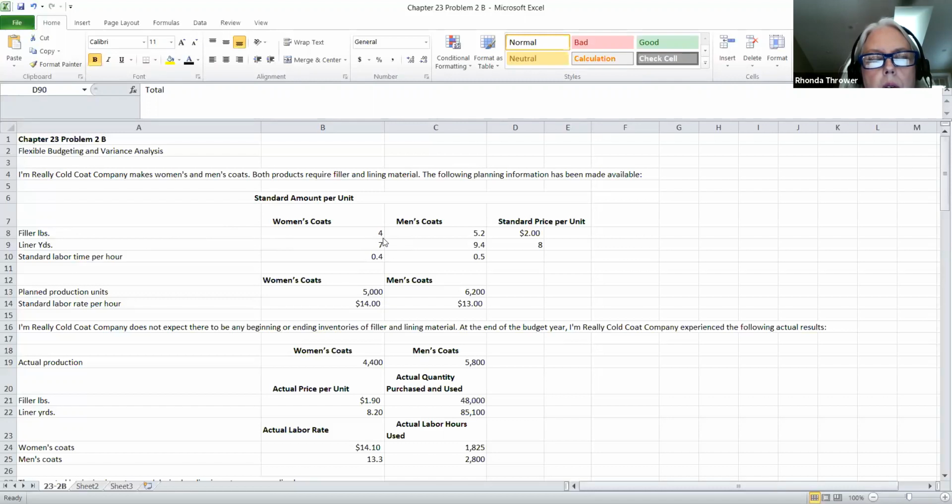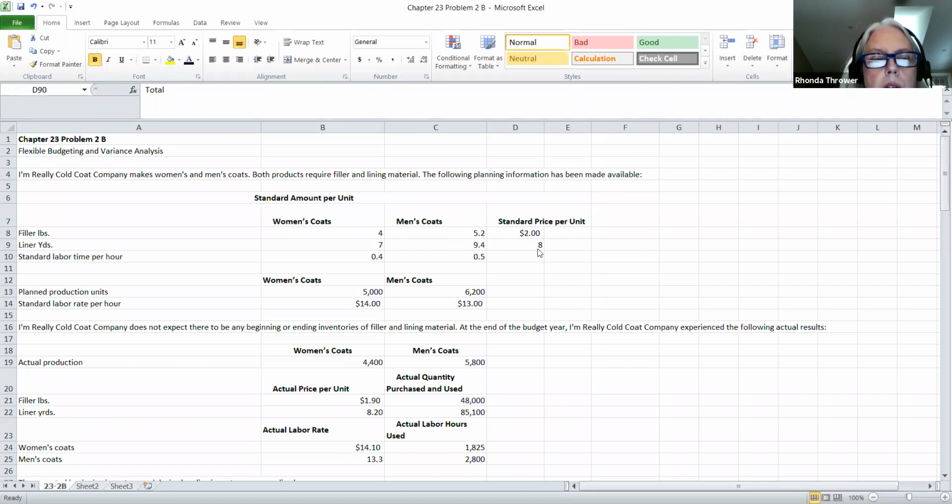For women's coat, it would take 4 pounds to produce one woman's coat. To produce a men's coat, it takes 5.2 pounds of filler. And then they've given you the standard price of the materials, which is $2 for the filler.